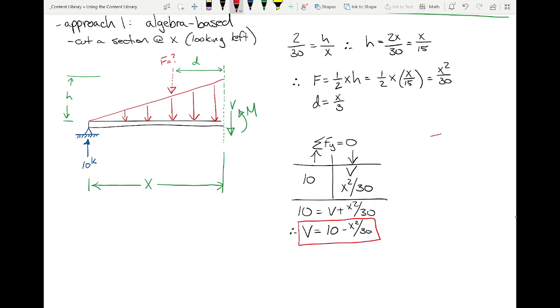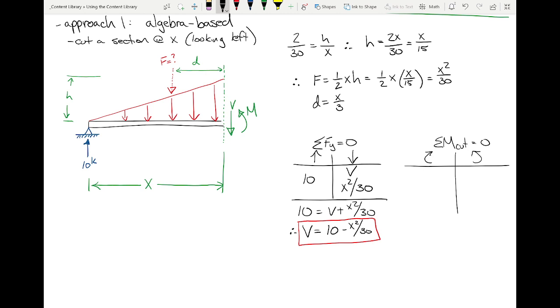Let's sum moments. Let's sum moments at the cut. Let's take a look at that. What do we got? Well, what do I have? Here's the cut.